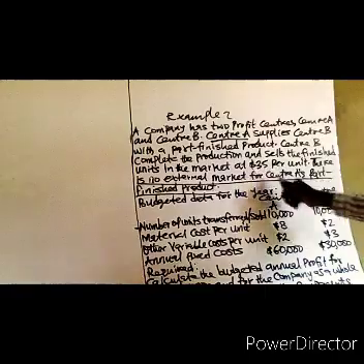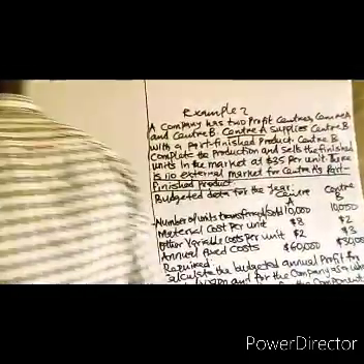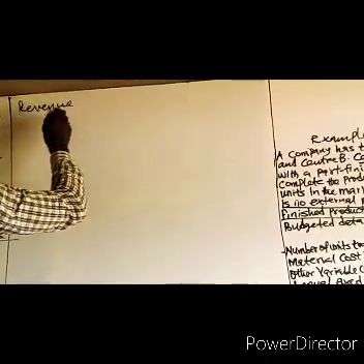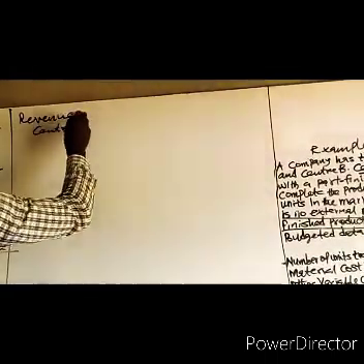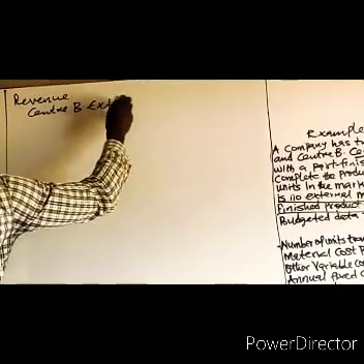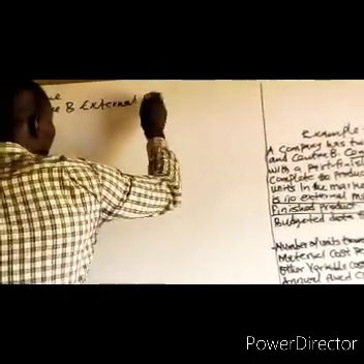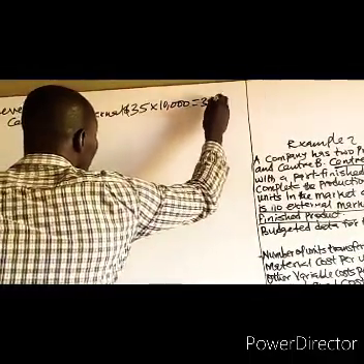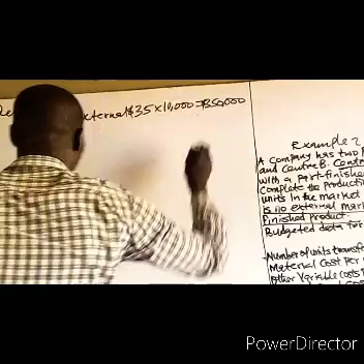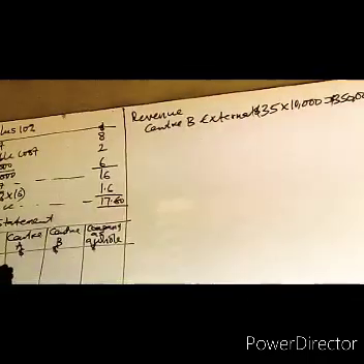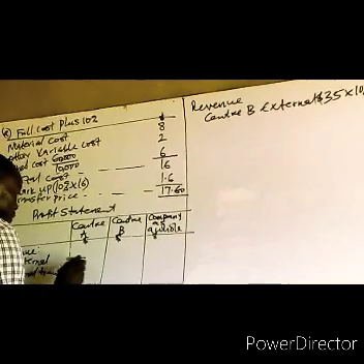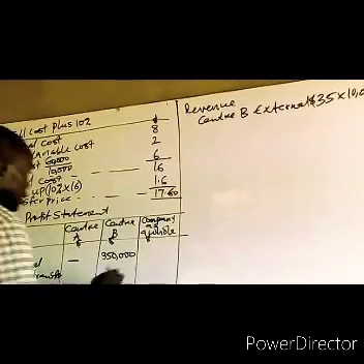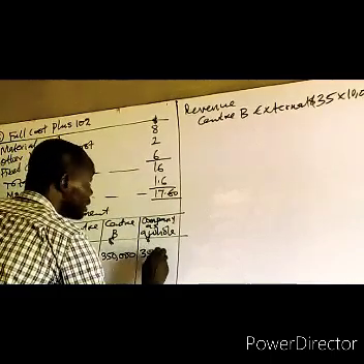So that is the market price of center B. So revenue of center B, that is external, is $35 times 10,000, and that will give us $350,000. Center A has no revenue from external sales. Center B has revenue of $350,000 from external sales. For the company as a whole, you have $350,000.